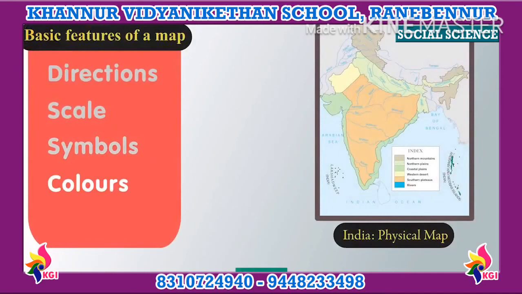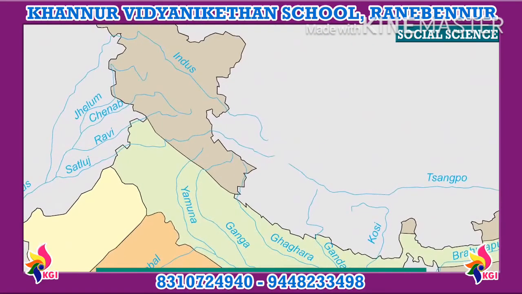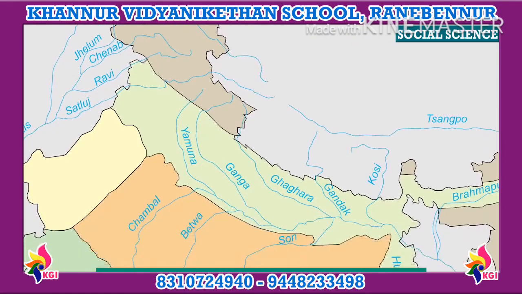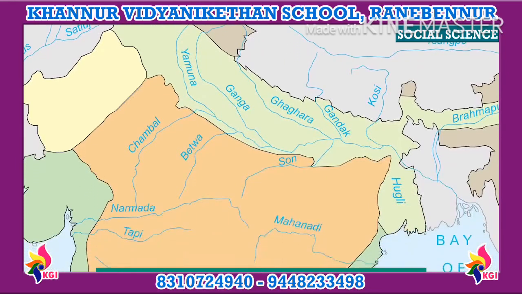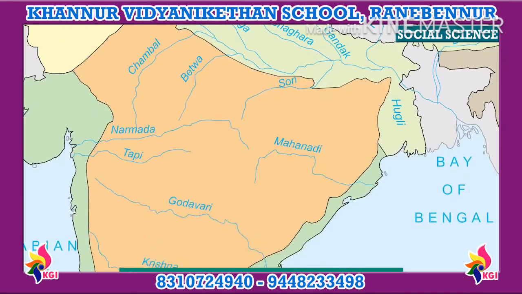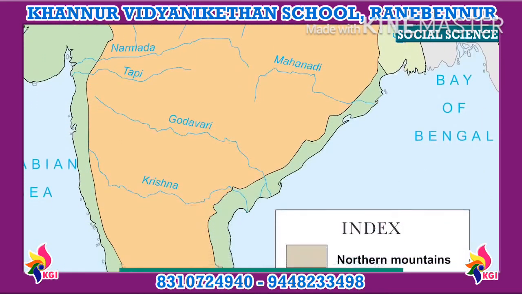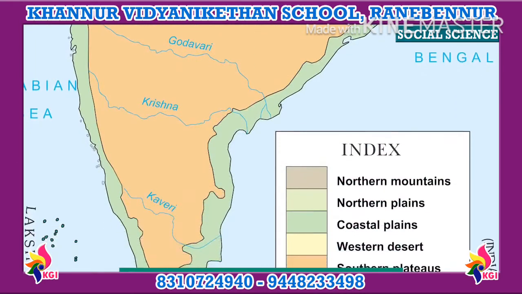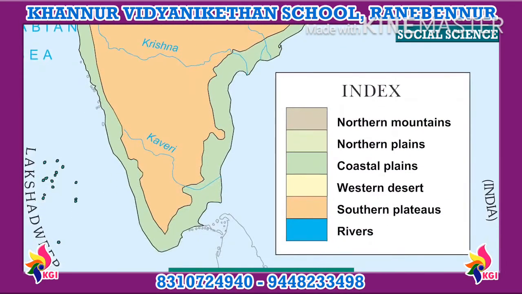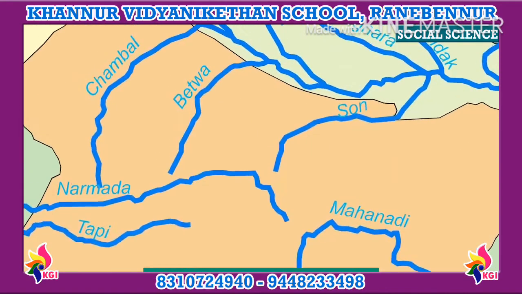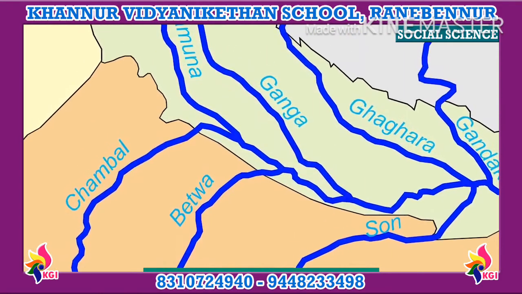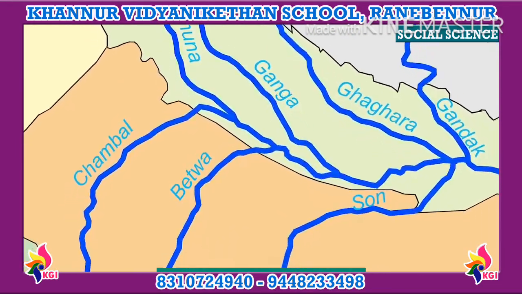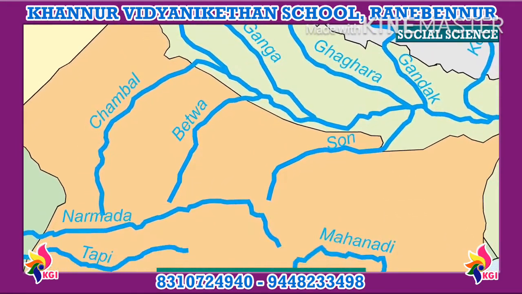Now let us see what colors are used to mark different things. We use different colors to show various things on a map. Generally, maps follow a common color scheme. For example, on a physical map of India, water bodies are shown in shades of blue.